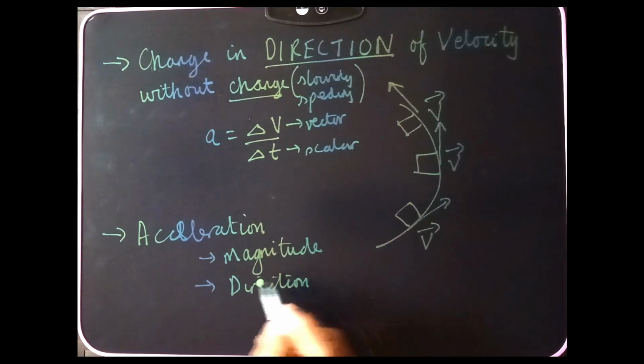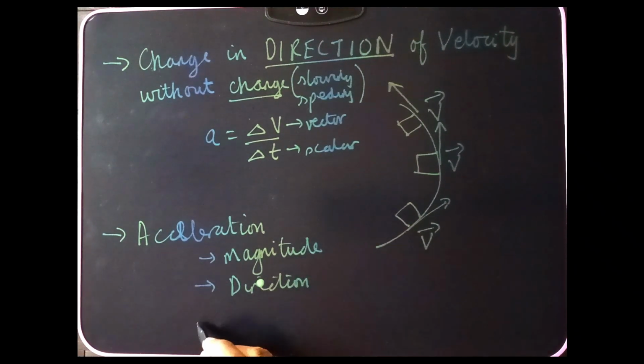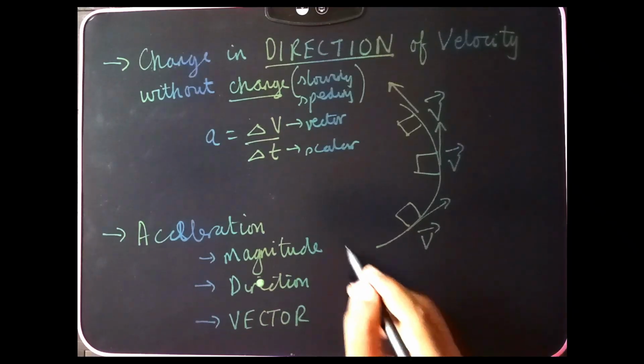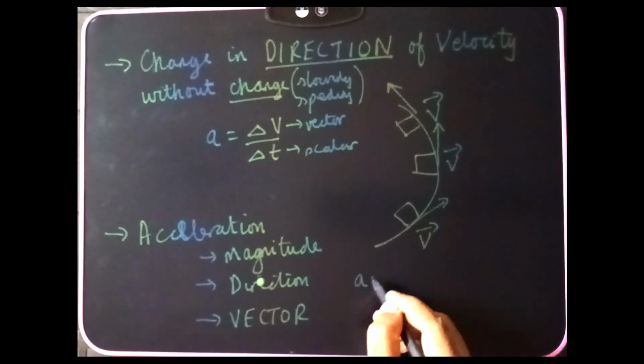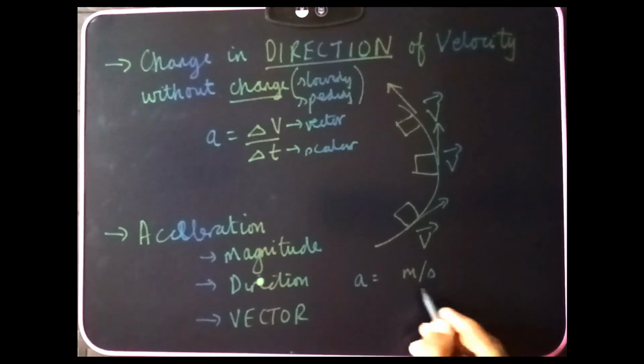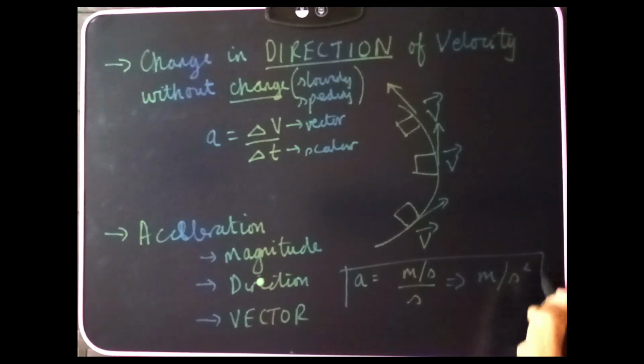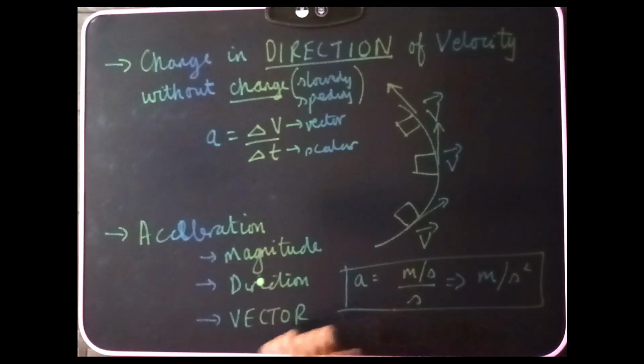So it's obvious that acceleration is also a vector quantity. And the unit is: velocity is meter per second and time is second. So acceleration is defined as meter per second square.